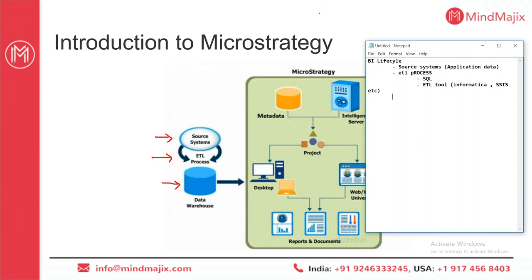The third component is the data warehouse. Now, why is it important for us to store the data in a data warehouse? Because when we store the data in the data warehouse, it is always stored in an optimized environment or optimized format, which is good and reporting friendly, I can say. So it's easy for us to do reporting on top of a data warehouse.